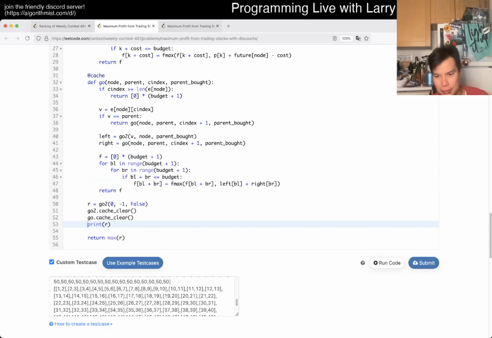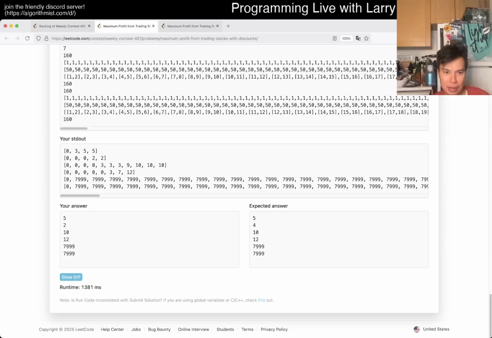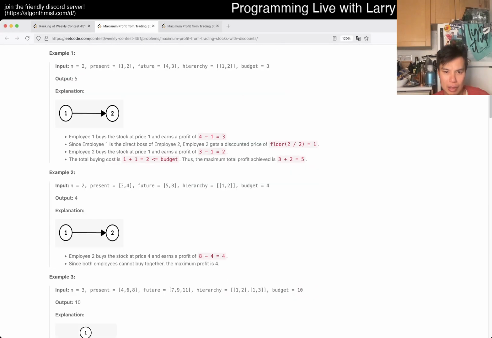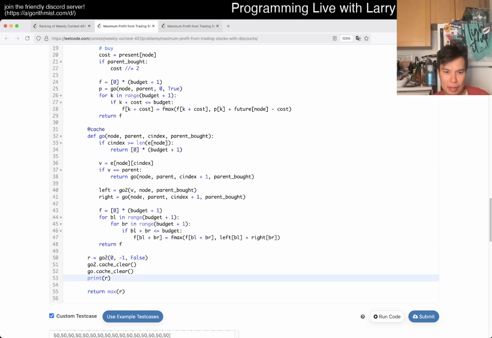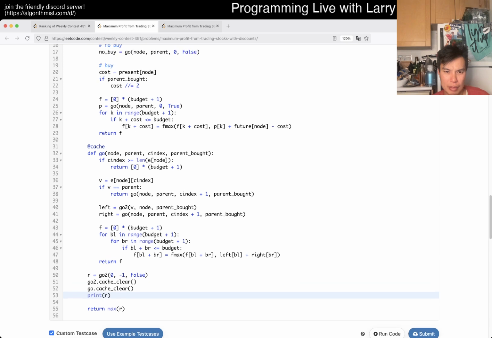But let's see. So it thinks that is 022. What does this look like again? Is it this one? Just looking for my code real quick.